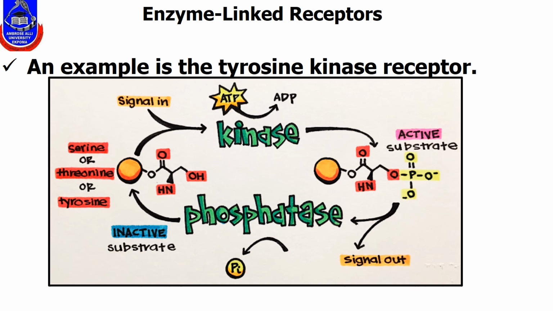The tyrosine kinase receptor, as shown in the diagram here, can be activated by phosphorylation of the kinase, and can be deactivated by dephosphorylation of the kinase.